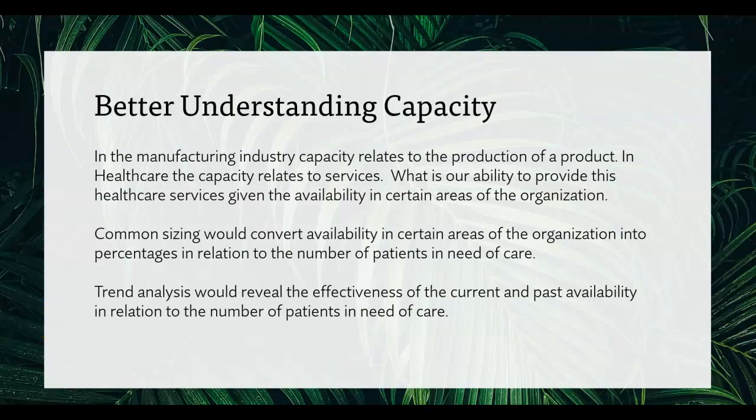We'll turn that just like we would in the budget, turning a dollar amount into percentages. We also can do the same thing when it comes to the availability of staff or even supplies, or we need so many beds for so many patients. So this all can be converted into percentages, and this is what common sizing will do.